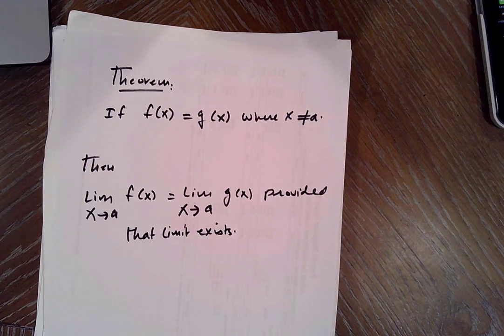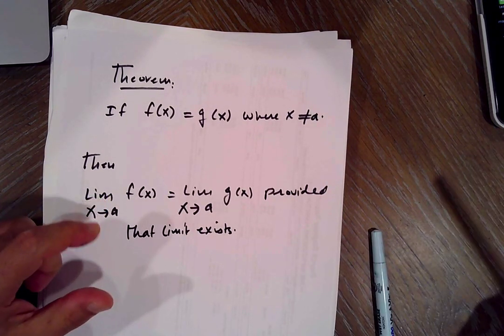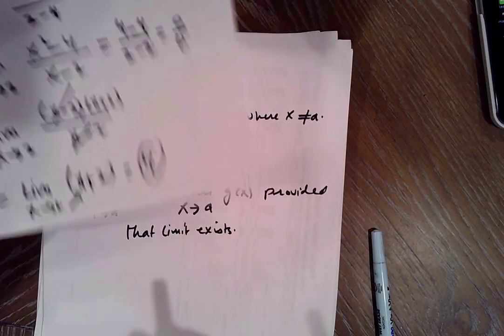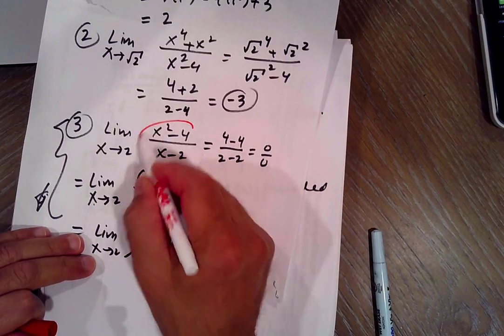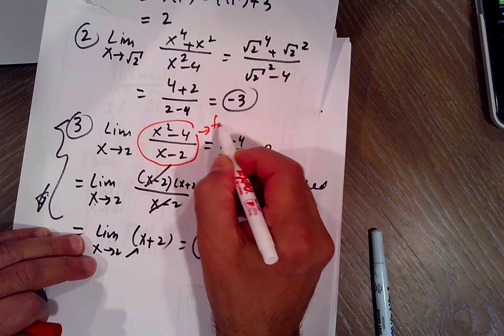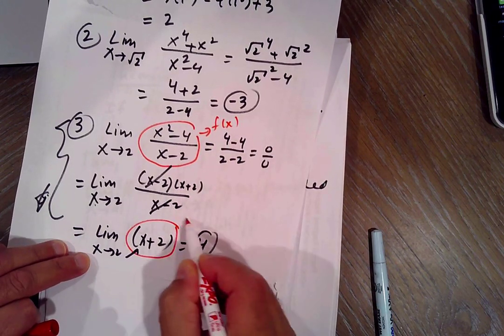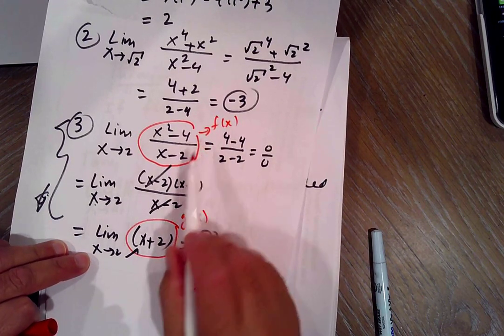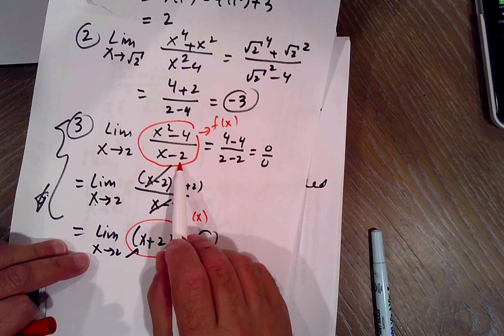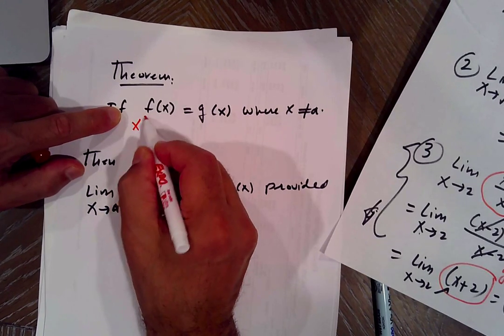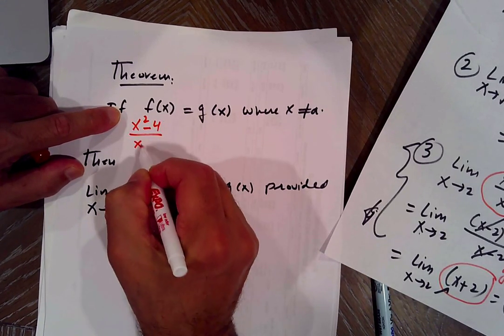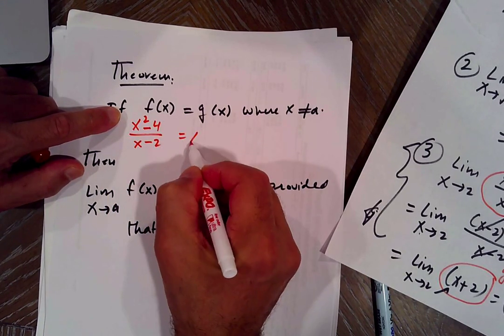So let's explain this with the example that we just did. This is f of x, and this is g of x. f of x is x squared minus 4 over x minus 2, and g of x is x plus 2.